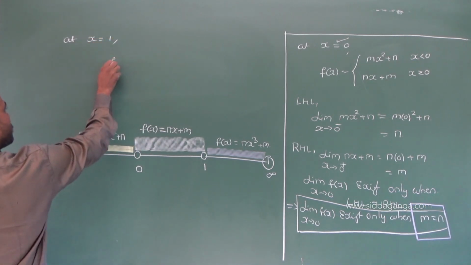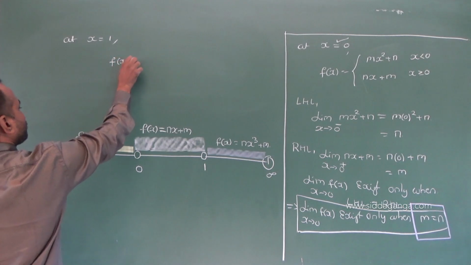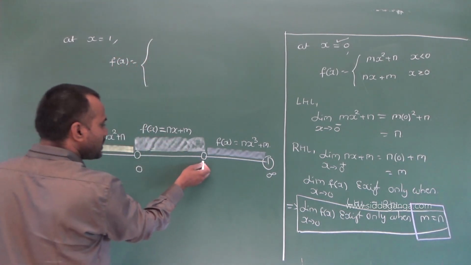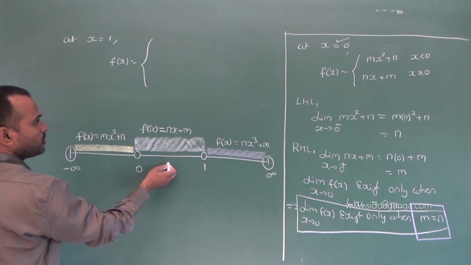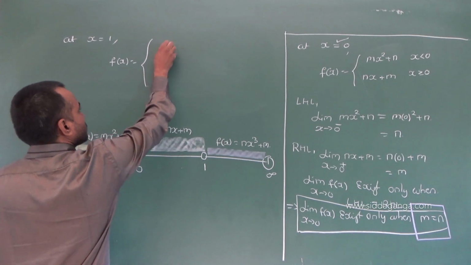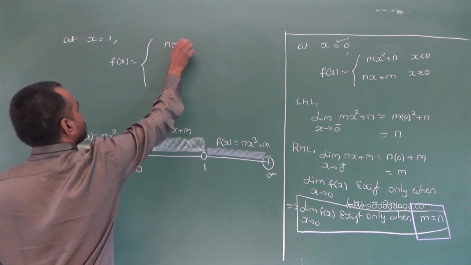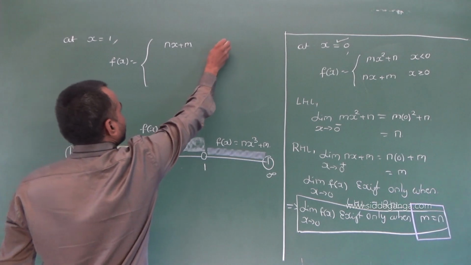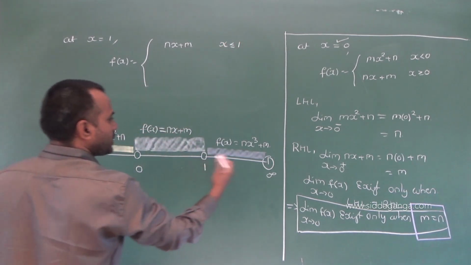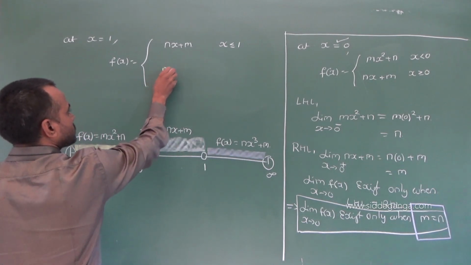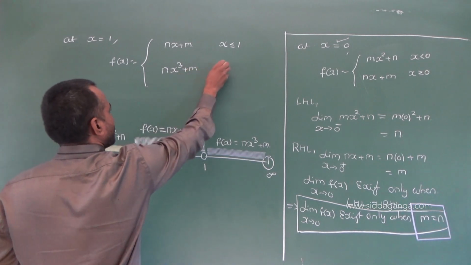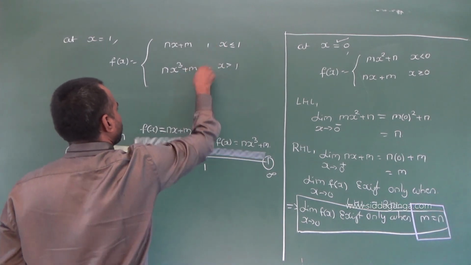We write once again the function: f of x is nx plus m for x less than or equal to 1, and nx cube plus m for x greater than 1.